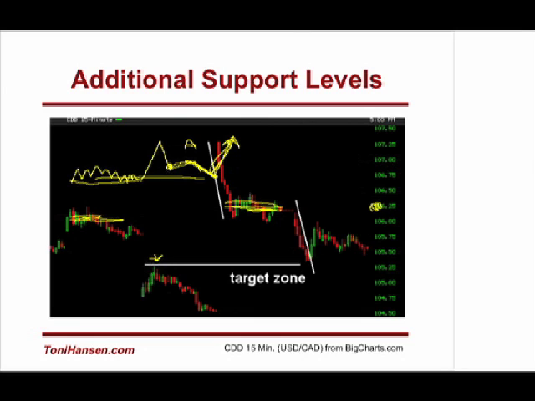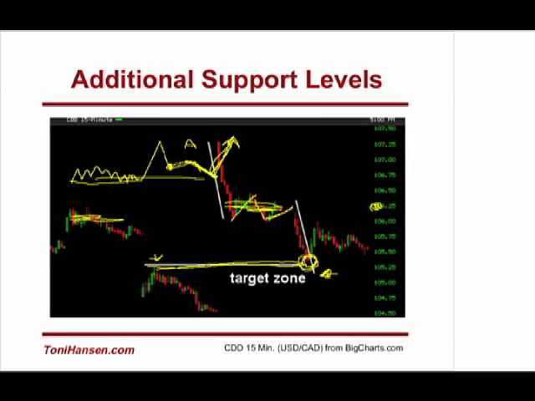And notice that even though the equal move target is down here, the slowing momentum combined with this previous high, and it held that level almost exactly. And this is something that you can start to identify before you even go into the position. A typical continuation pattern is a two-wave continuation.